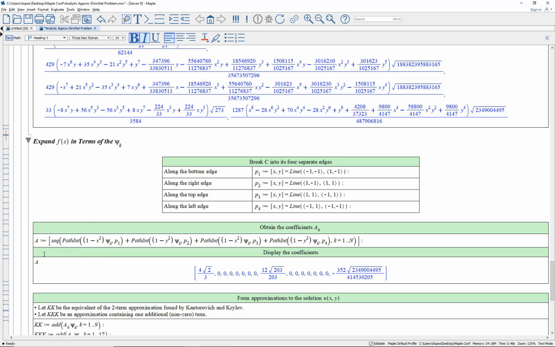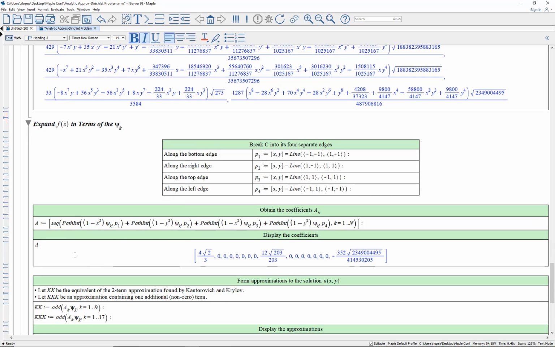So the determination of the coefficients A is going to require integration along each edge separately. So that's why there's a repeated path int. So here it's 1 minus x squared against psi k, 1 minus y squared, 1 minus x squared, 1 minus y squared, as you go around the 4 edges of the square. And what happens is you get this list of coefficients, a lot of zeros.